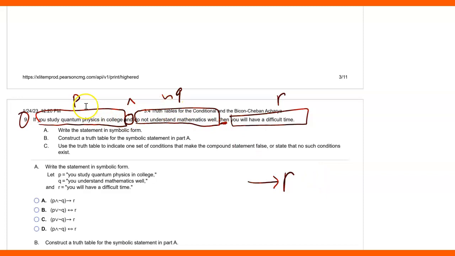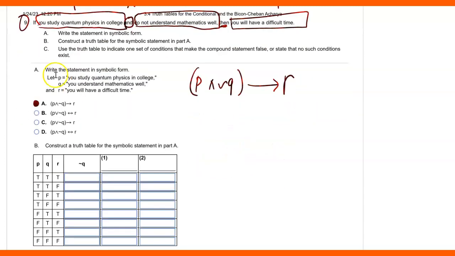Before the arrow you have P and not Q, but because of dominance of connectives, or the comma here, these need to be grouped together, and that gives you answer A for part A.